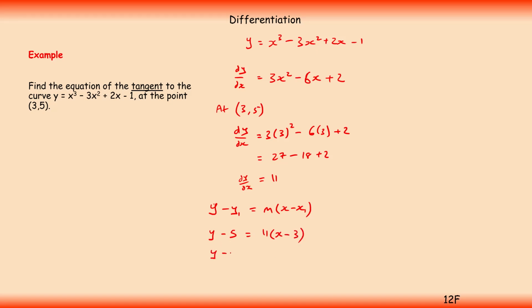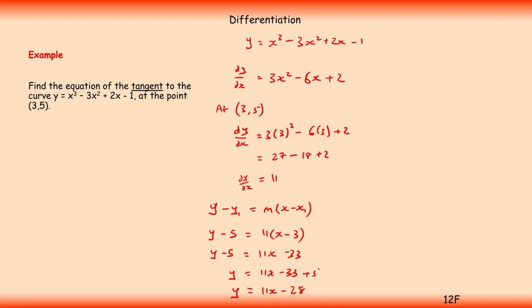Simplify, so we get y minus 5 is equal to 11x minus 33. So we could say y is equal to 11x minus 33 plus 5, which is equal to 11x minus 28. And that's our equation of the tangent.